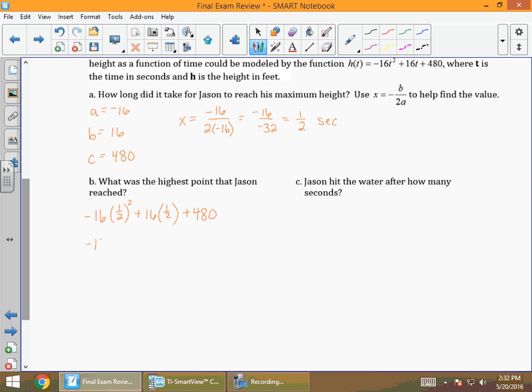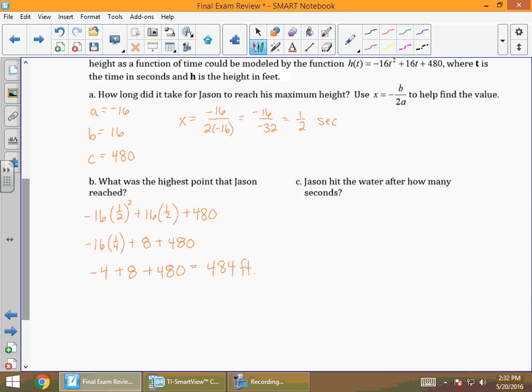This is negative 16 times 1/4 plus 8. Half of 16 is 8, plus 480. A fourth of negative 16 is negative 4, plus 8, plus 480 is 484 feet.